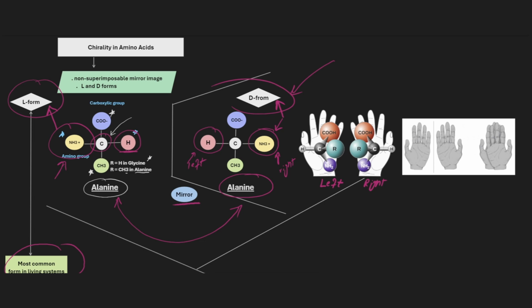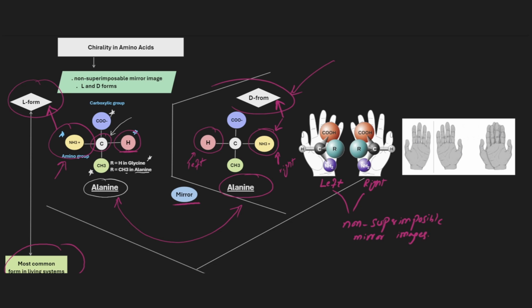But to call them L and D forms of each other, they should make non-superimposable mirror images of each other.